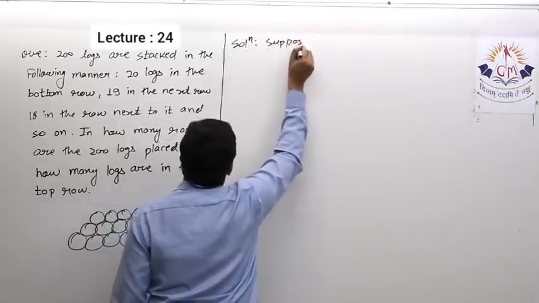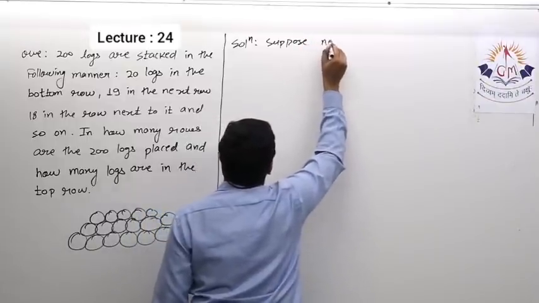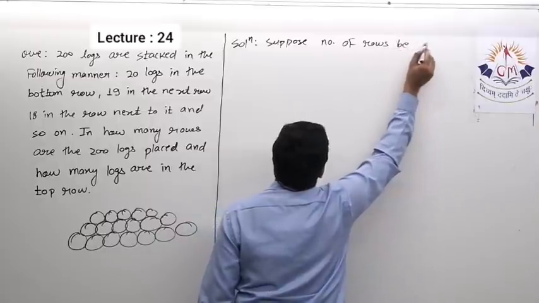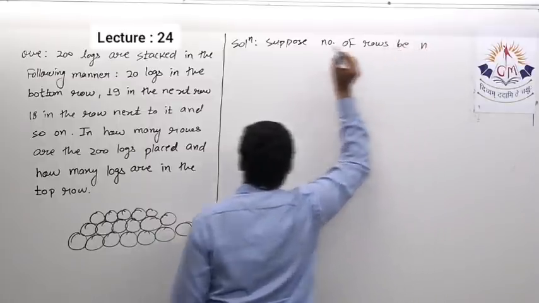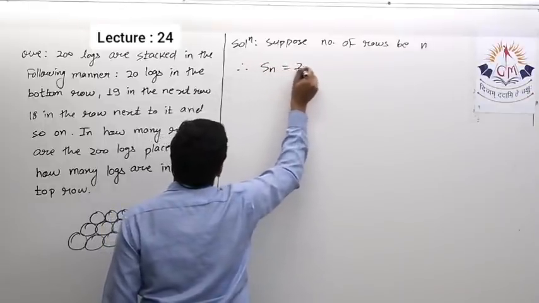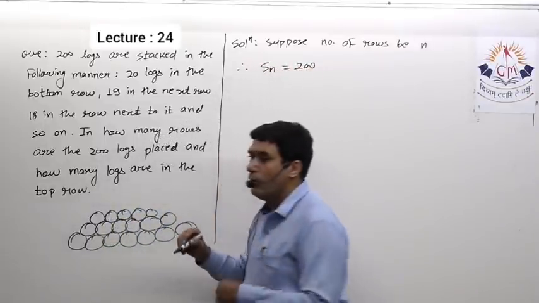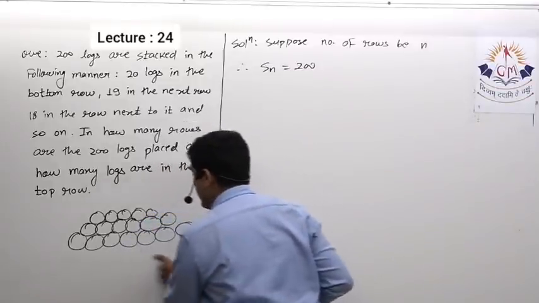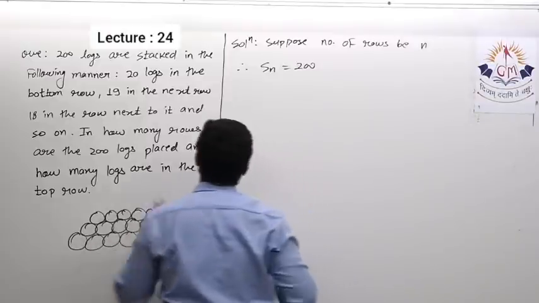Suppose number of rows be n. Therefore I can say Sn is equal to 200 because sum of all logs is equal to 200. Also it is given in the first row there are 20 logs.